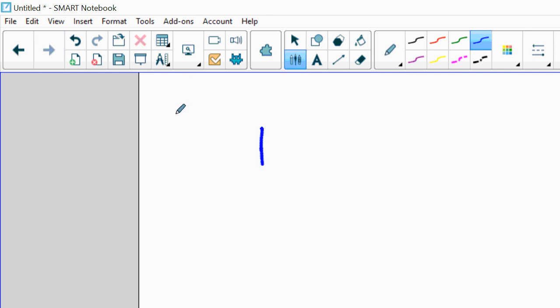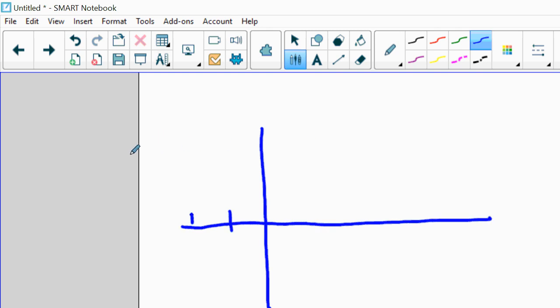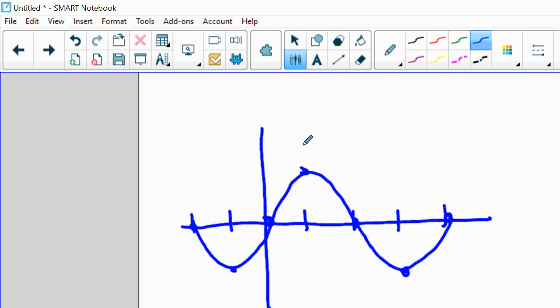Here we go. Sine x. Let's go back to forward 4. Graph sine. Now, I'm going to graph its inverse. 0, 0 becomes 0, 0.